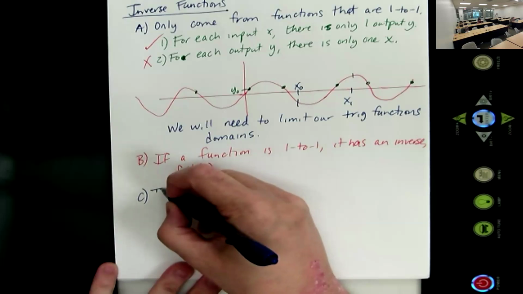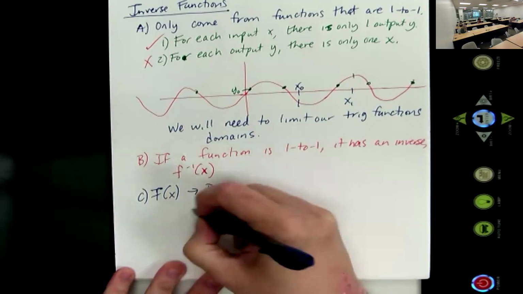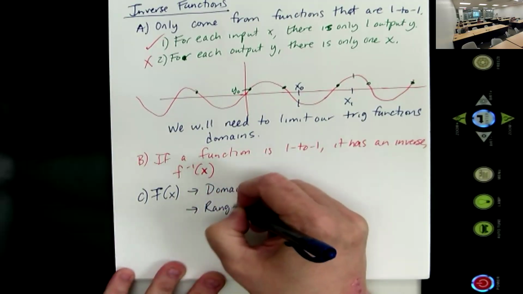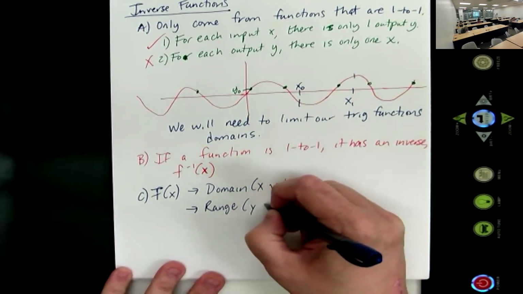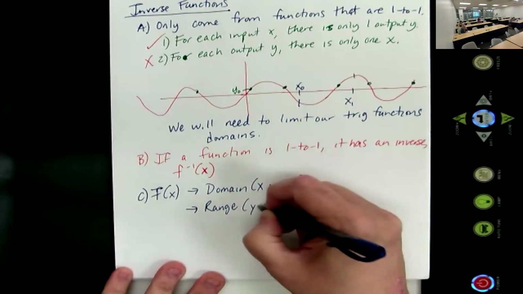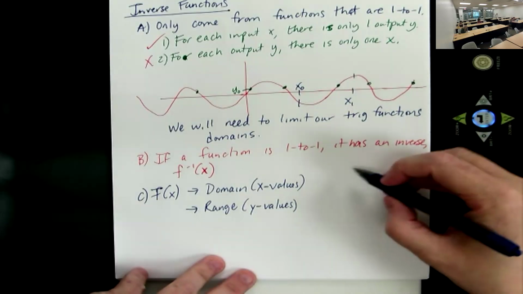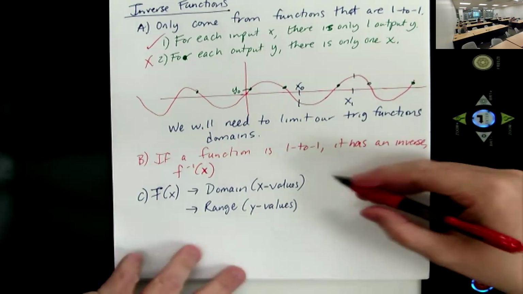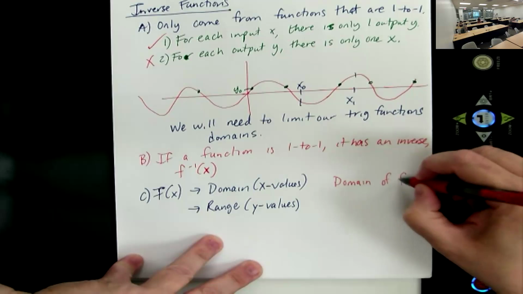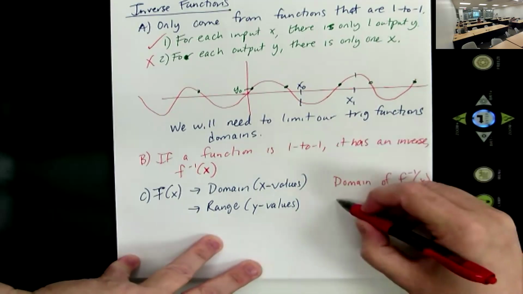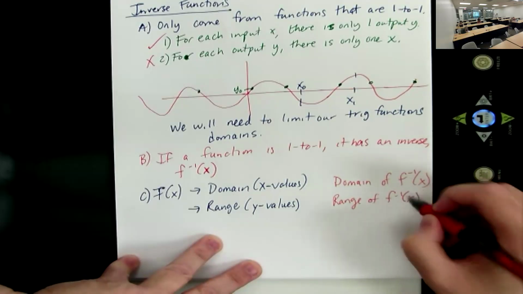So let's say we have f of x, it has a domain and a range. These are x values and these are our y values. When we look at the domain and range of f inverse, they switch.